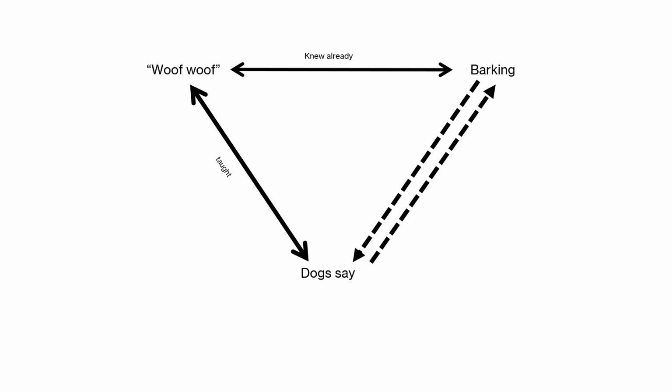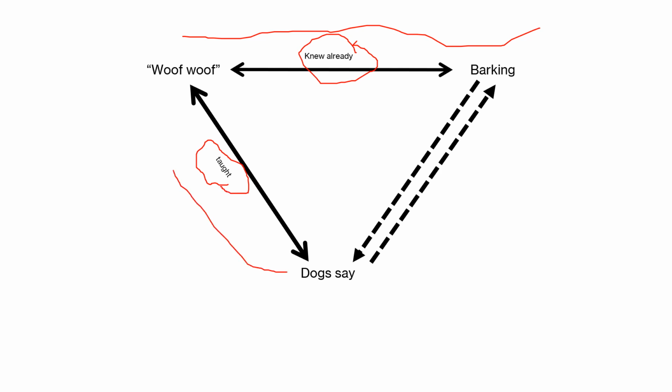So basically, like it shows here, Yuno, like I said, he already knew that just the sound of barking alone is described as woof woof. We taught him that a dog says woof woof.